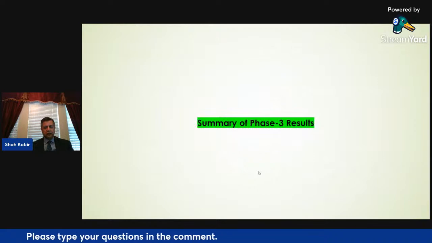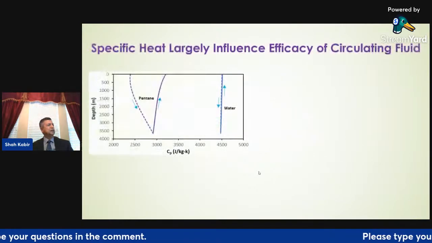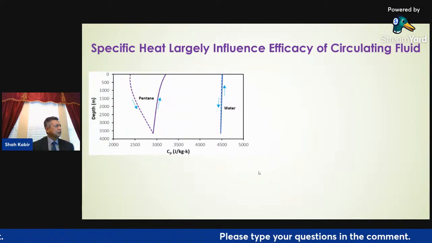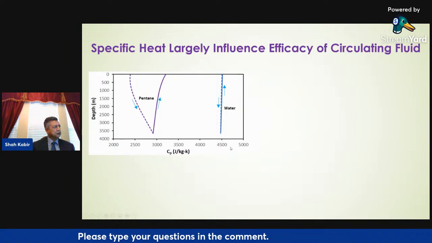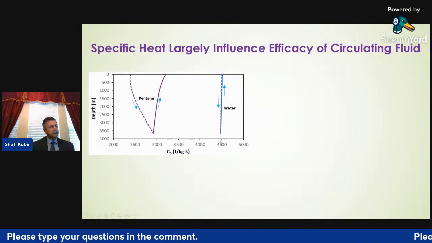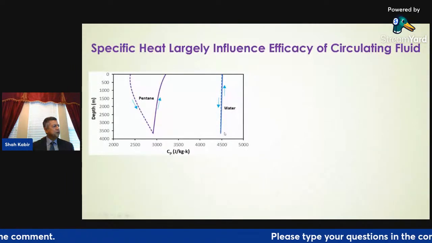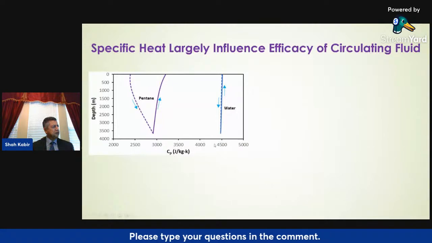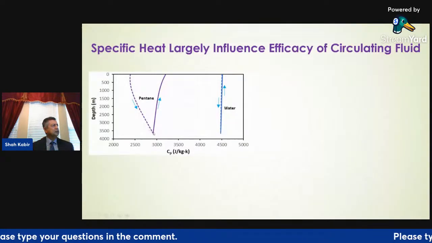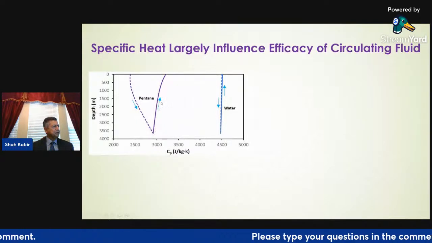So I'll now briefly share the current outcome, the most recent outcome that we have observed. So we played with many fluids. The results that I've shared with you up until now have been with water. But if you look at the heat capacity, it's much higher for pentane. So this is when you're circulating down the annulus, as I said, and up the tubing.